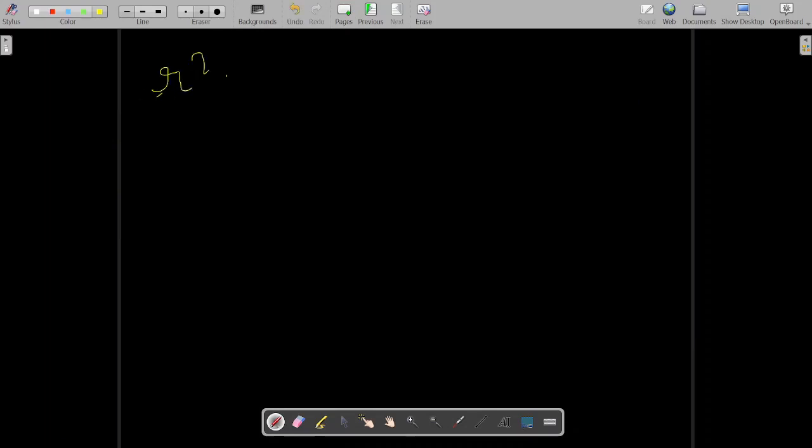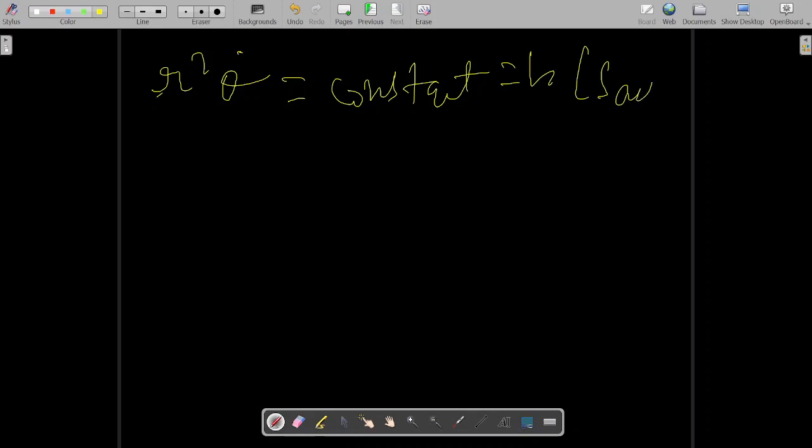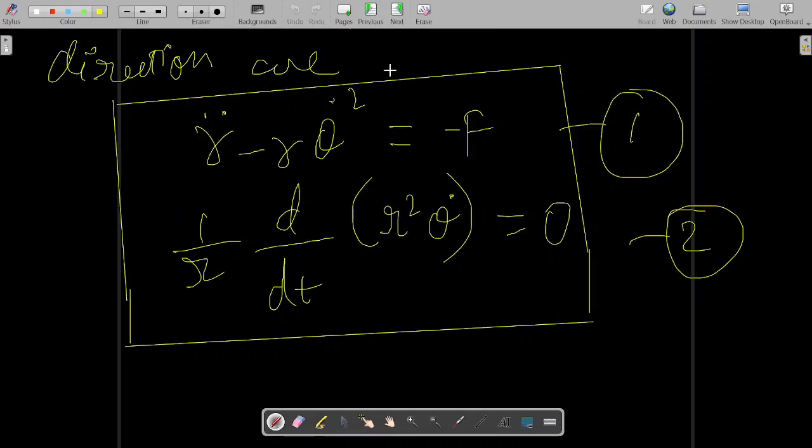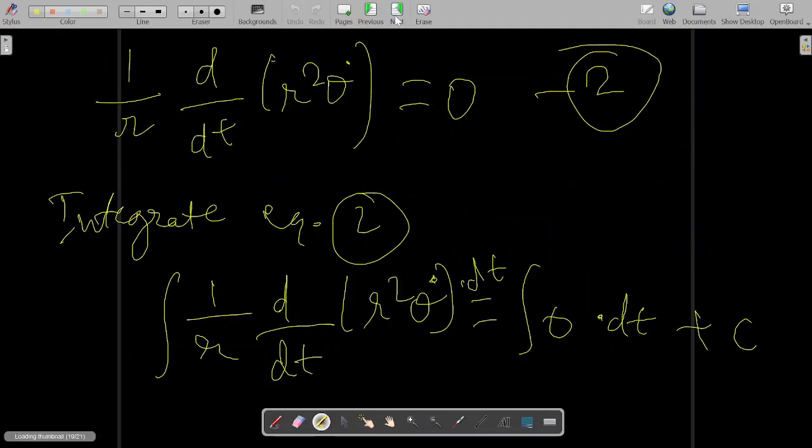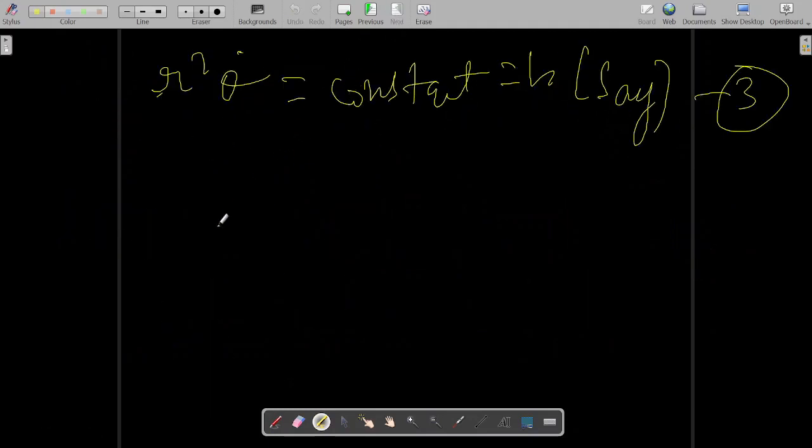You get r square theta dot equal to a constant, which is equal to your h, say. From equation 2 you can clearly see that whenever the differentiation of a particular quantity is 0, then that quantity is constant. So this particular quantity is your constant.